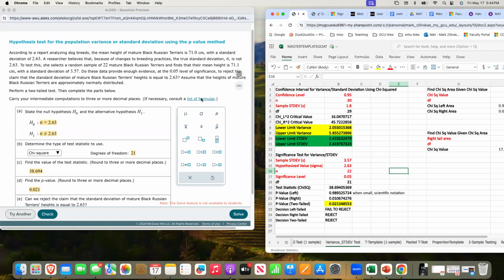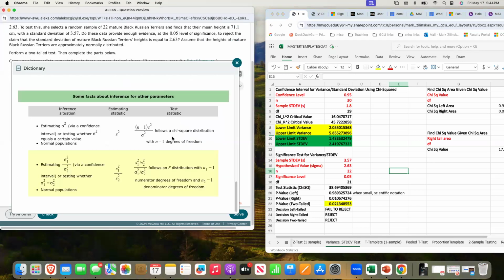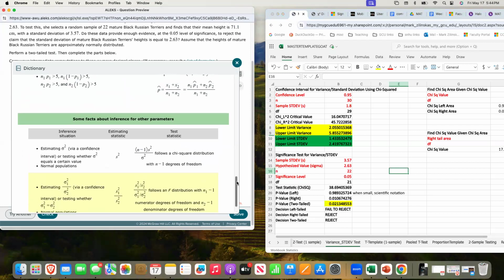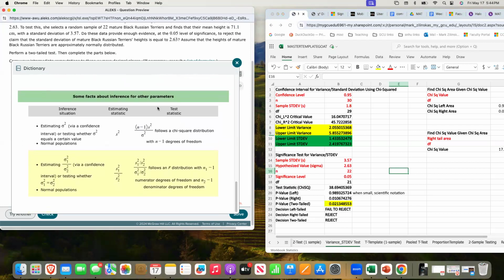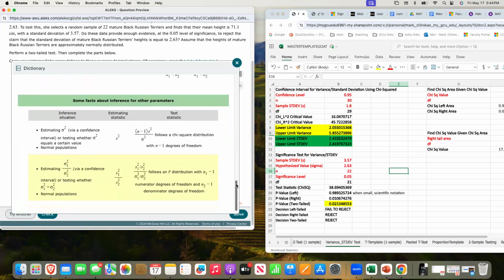These formulas that are programmed into the spreadsheet, just as an FYI, notice if you scroll down towards the bottom, there are some facts about some other parameters. We were focusing on these earlier. But if you go down, you can see it goes over what the test statistic is.